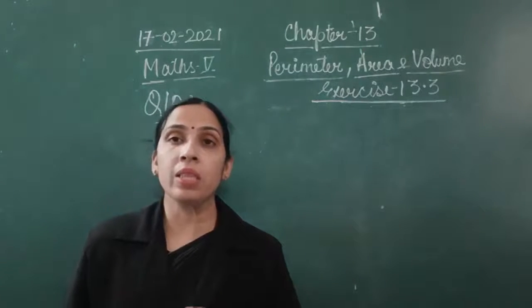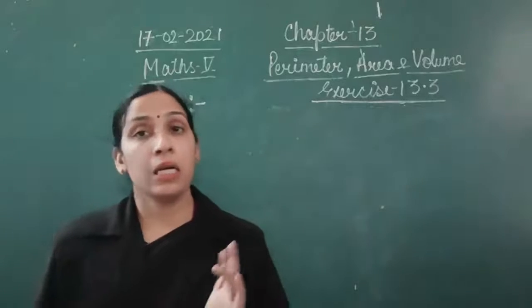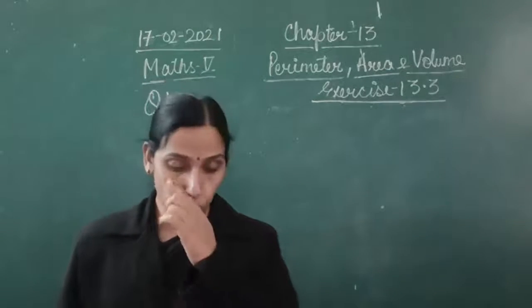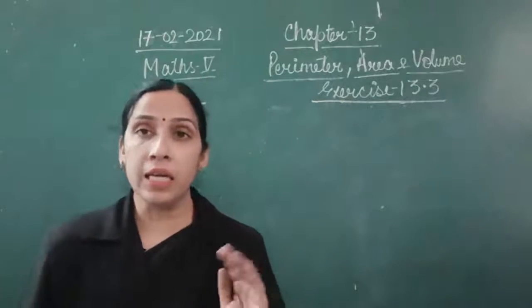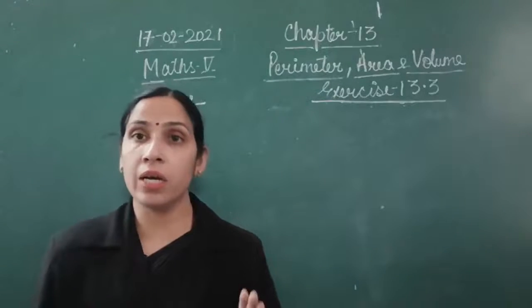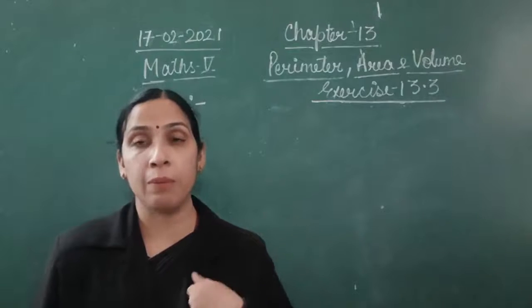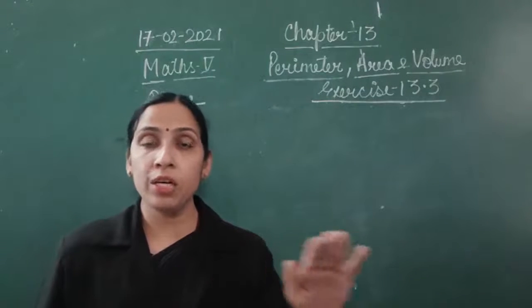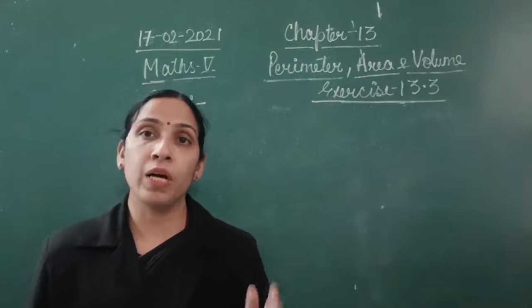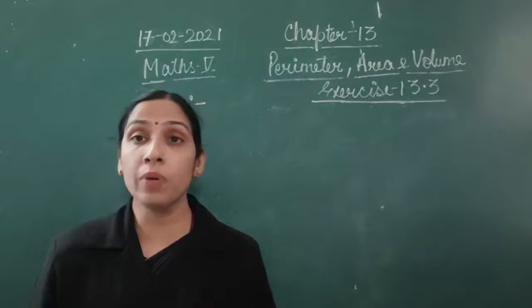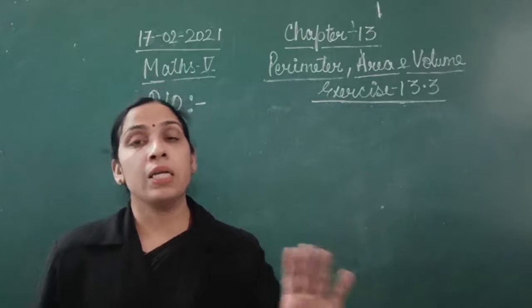Now one very interesting thing here is that the area of the room is given in length and breadth, but the tile is a square tile. So a rectangular room is going to be paved with square tiles. You have to find in this question how many tiles are required.